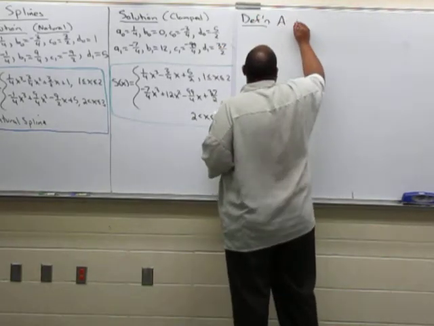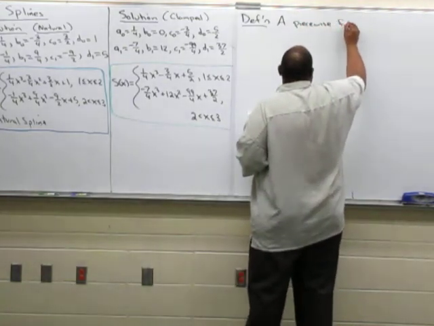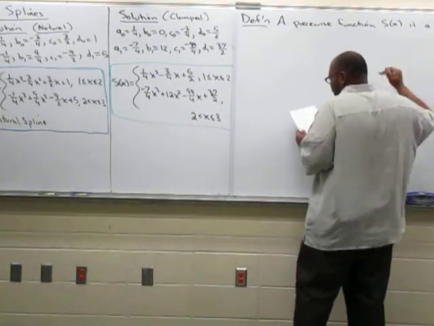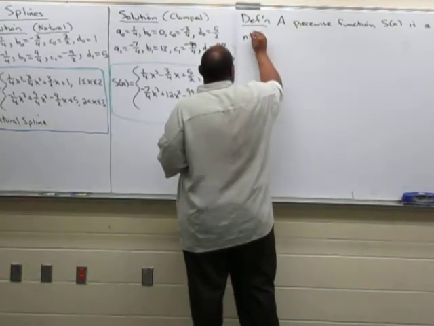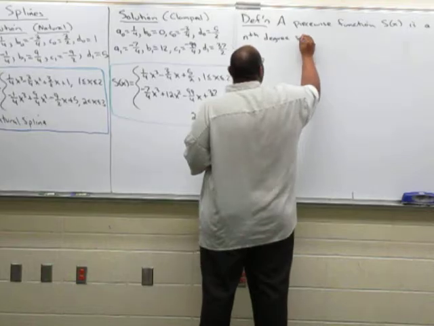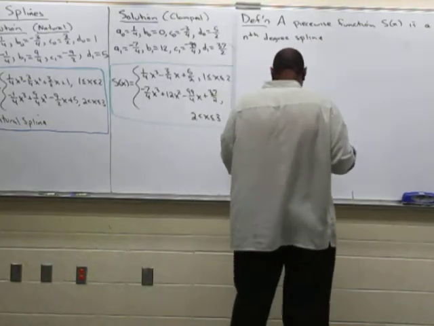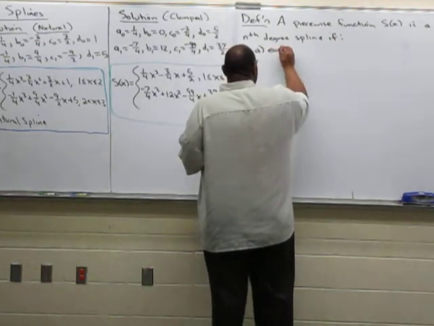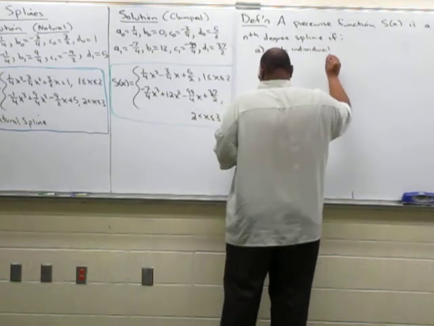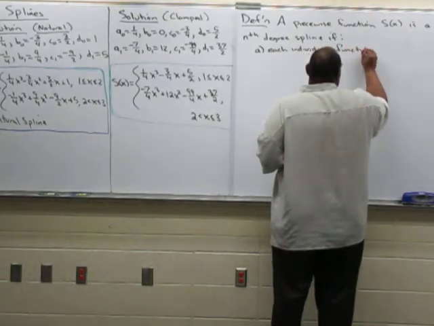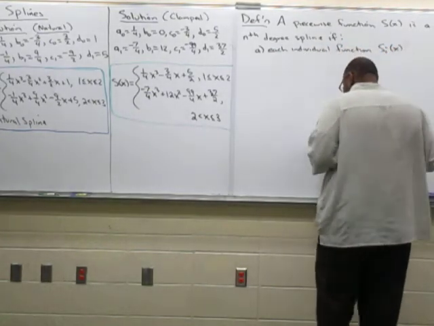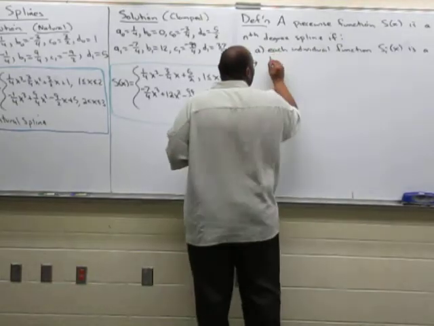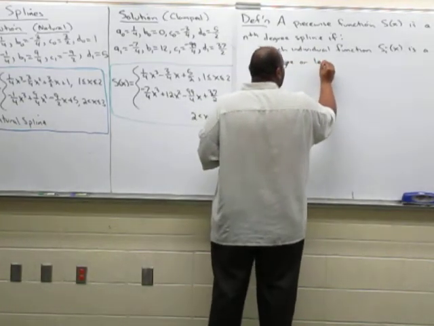A piecewise function S of x is an nth degree spline if A, each individual function S of i of x is an nth degree or less polynomial.